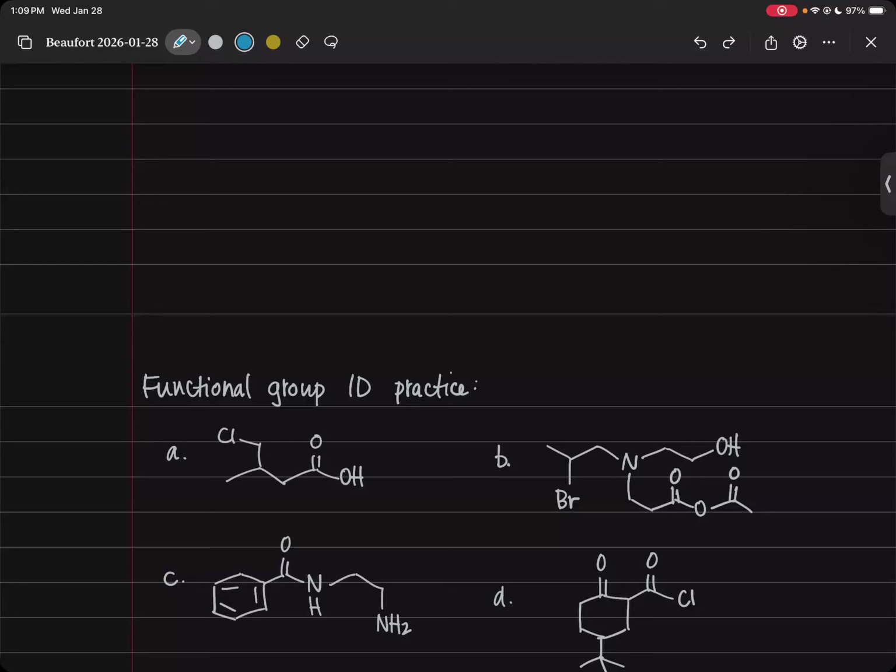Okay, for G, we've got a tertiary group at the bottom. And then we have 2 carbonyls here. One of them has carbons on both sides. So what is that? Yeah, it's a ketone.